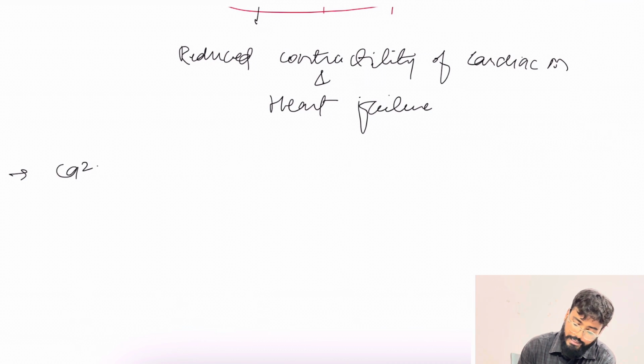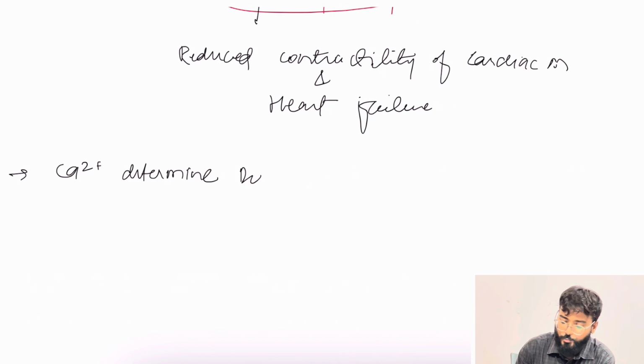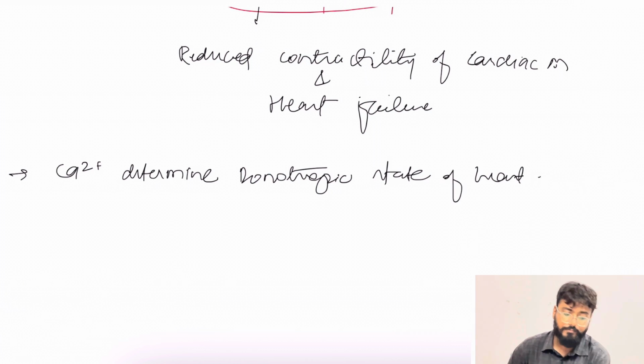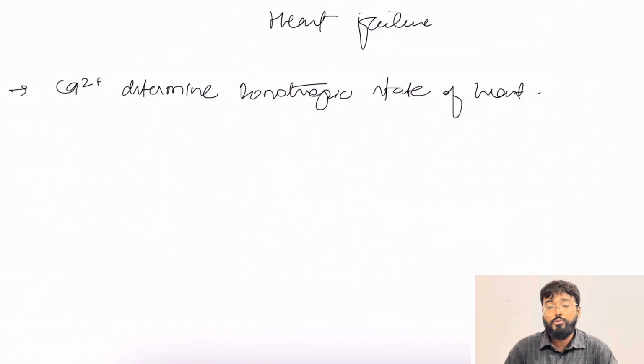Can we write that calcium ions determine inotropic state of heart? Yes. So calcium ions, mainly those which are present inside the sarcoplasmic reticulum, actually determine the inotropic state of heart. Well, what is inotropic state? Inotropic means the extent of contraction of your cardiomyocytes.